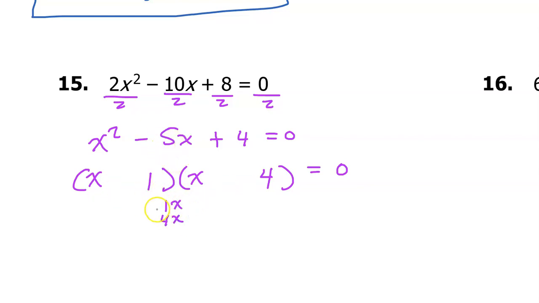To make -5, I need both of these to be negative. Notice that -1 times -4 does give you +4. Always check that. Now if I set each of these factors equal to 0, I will get x is equal to 1, and I will get x is equal to 4.